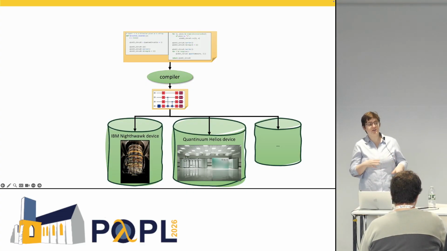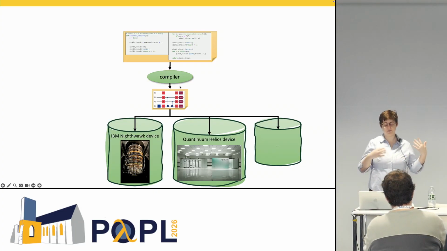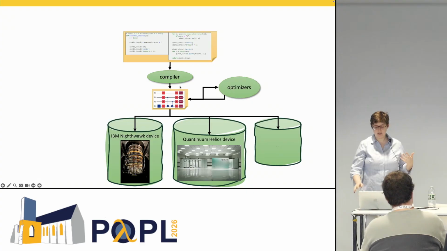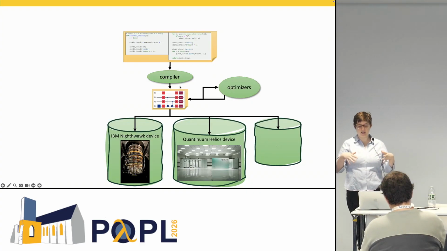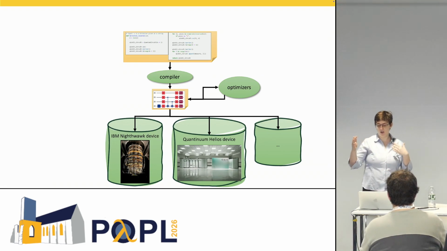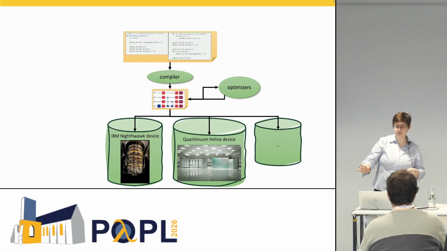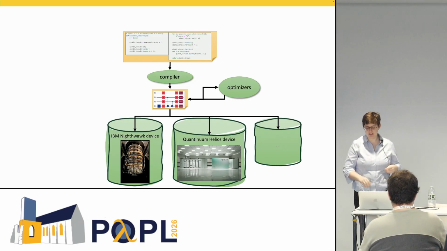So in order to actually run our quantum circuits on these devices, not only do we need to compile them to circuits, but we also need to apply optimizations, make the circuits as small as possible, but also obey the constraints of a particular quantum device, such as layout, placement, things like that.